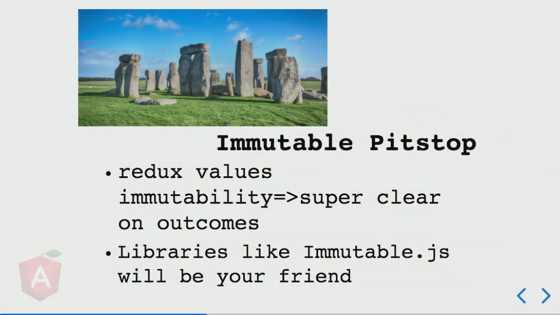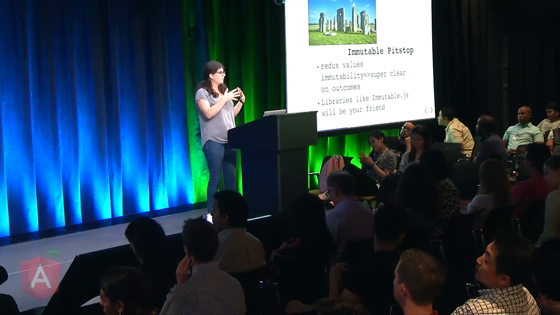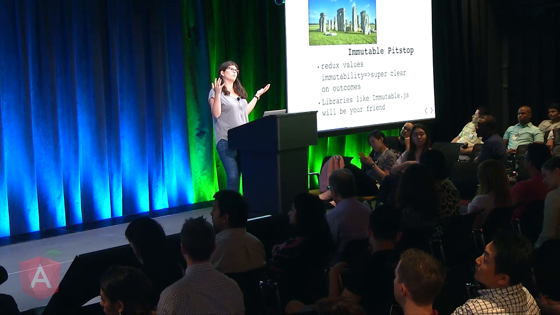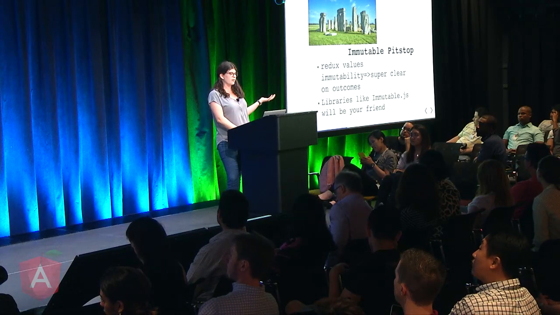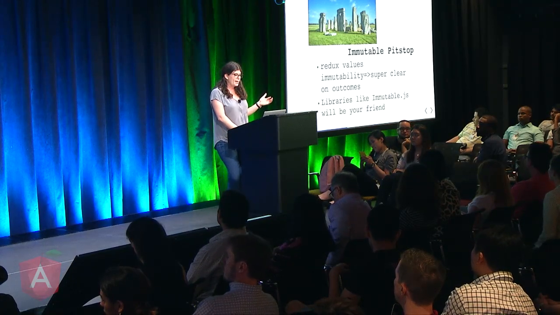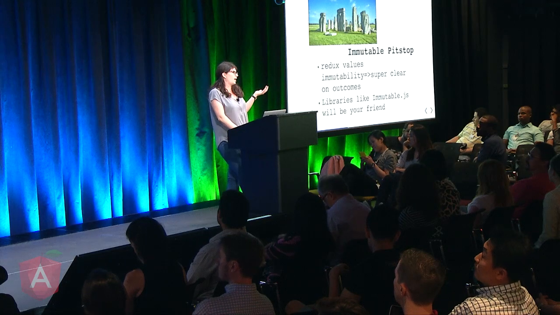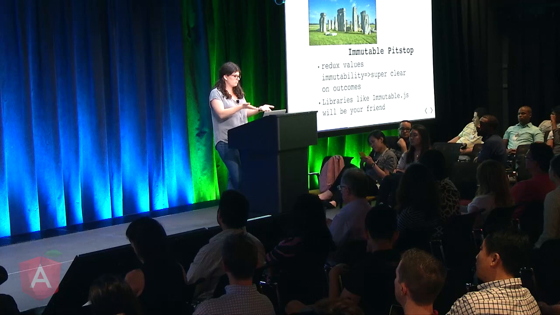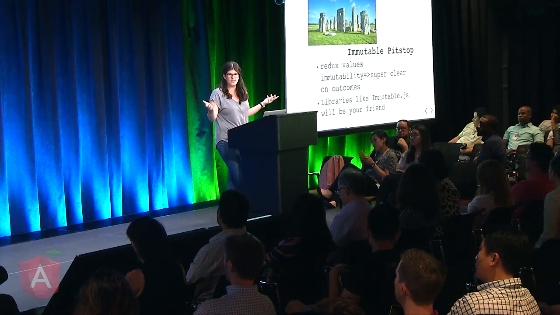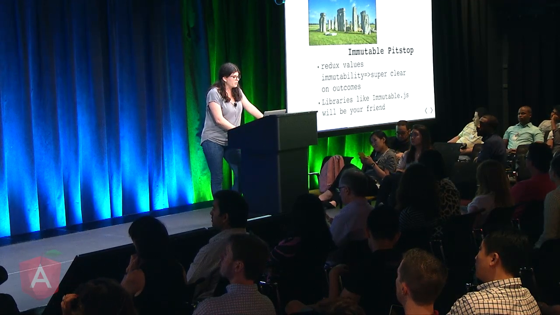One more quick pit stop before we get into the gritty details of Redux. I've mentioned immutable. One of the biggest principles of Redux is making sure that your state is immutable, or unchangeable. That way you can be super clear on what the outcomes are. You can know what to expect and avoid any sort of inconsistencies. It helps you maintain a read-only state, which is important for making sure that your app is organized and you know what's going on.